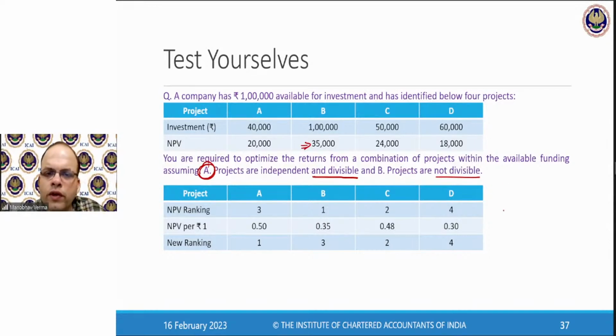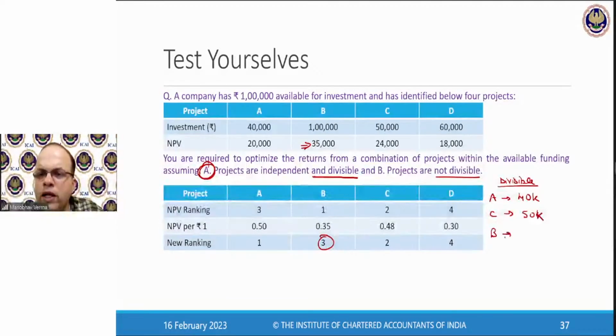Okay, so if we look at divisible projects, it seems A will involve 40,000. Then second rank is C, which will involve 50,000. And the third rank is B actually, right? If I'm not wrong, third rank is B.